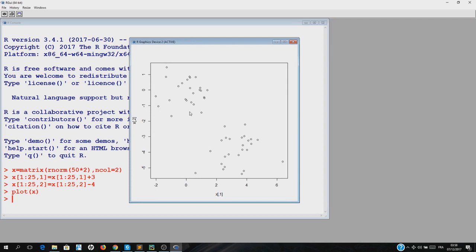So you can see here that these two clusters are separated. You can guess that they are the clusters. I did that so I can show you exactly how the algorithm works, and it's going to be easy for the algorithm to specify that this is one cluster and this is the other cluster. So let's see how we do that.